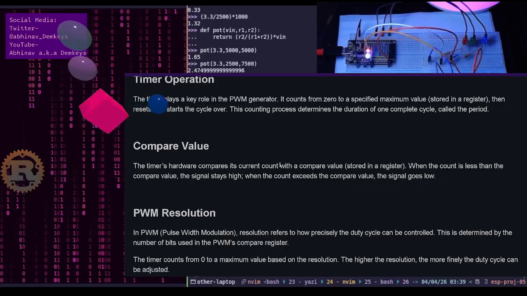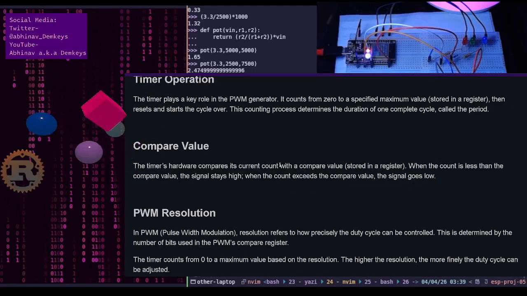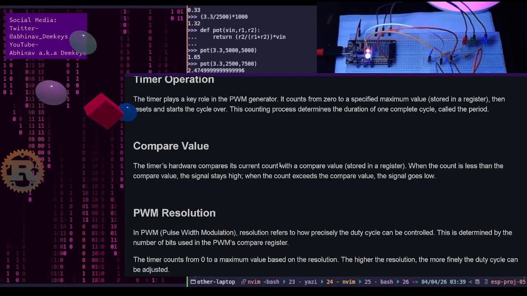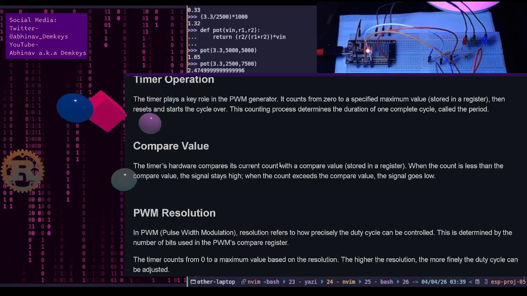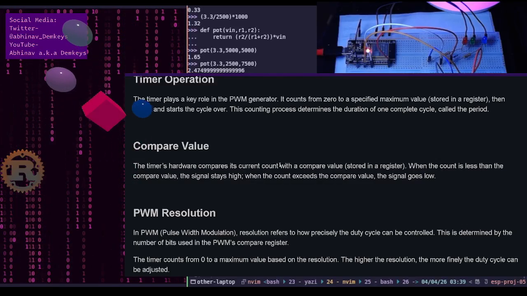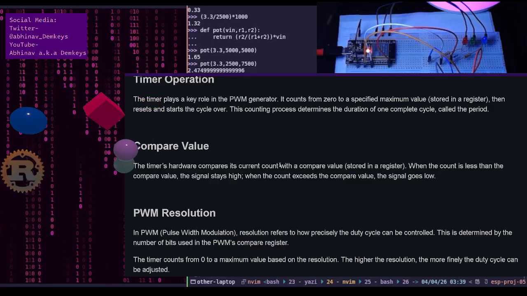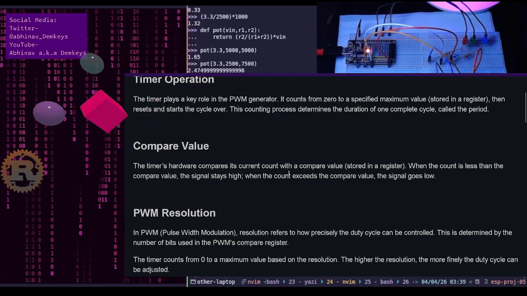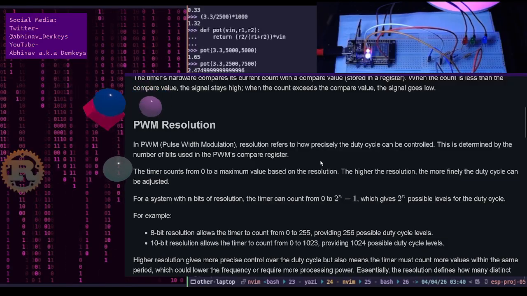When the count is less than the compare value, the signal stays high, and when the count exceeds the compare value, the signal goes low. Awesome. Now I'm able to make sense out of this.